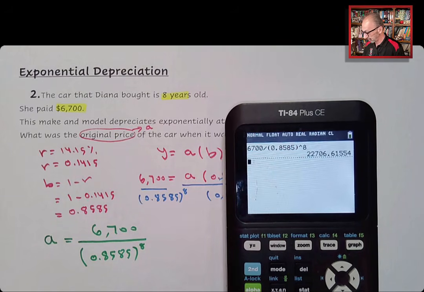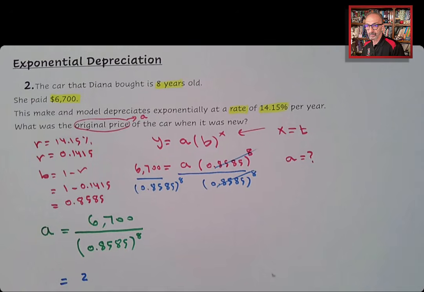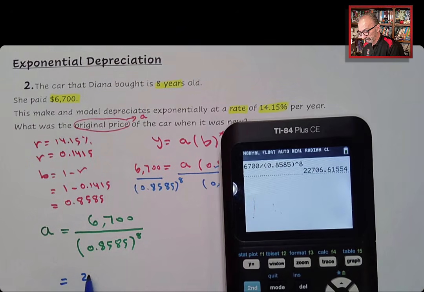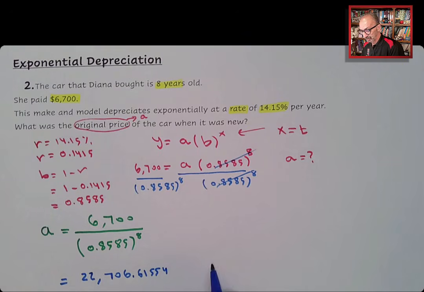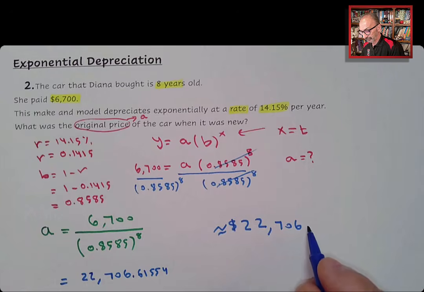Enter, and that shows 22,706.6155. But since it's money, it should be rounded to 22,706.62. And that should do it. That is number 2.